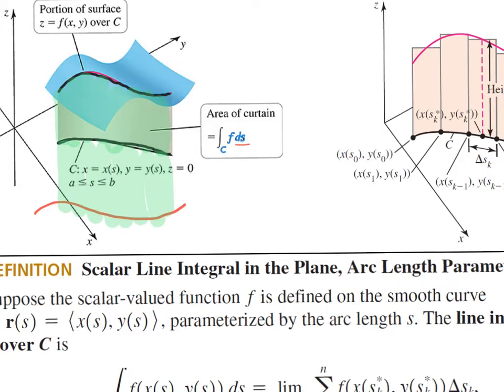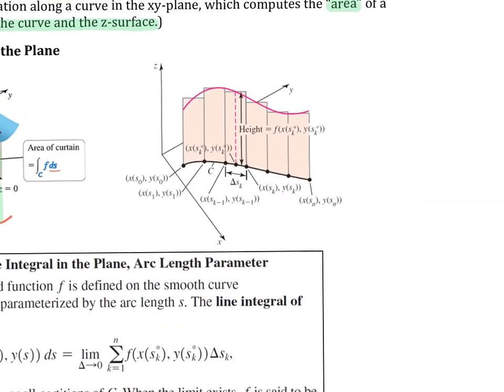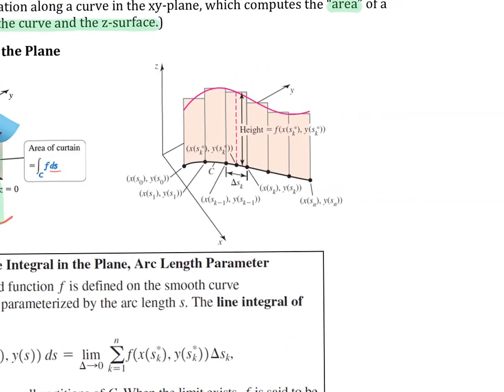Typically, when we define our curves, we do not define them in terms of arc length. We just use some random parameter t, or we just use some function xy or xyz. So if we look at this second diagram, this is what we mean by arc length. When we talk about arc length, we're talking about the length of the curve or its arc between points. For example, if we look at the starting point, s sub 0 is the arc length at the starting point, which is 0.